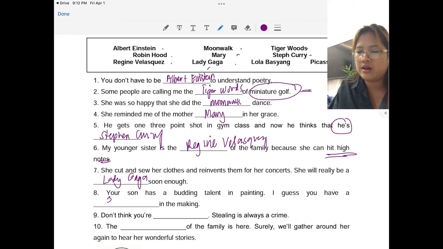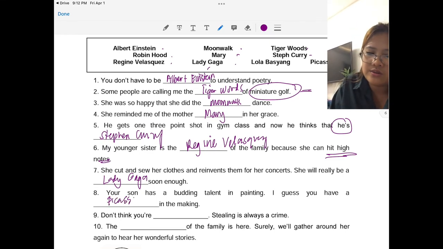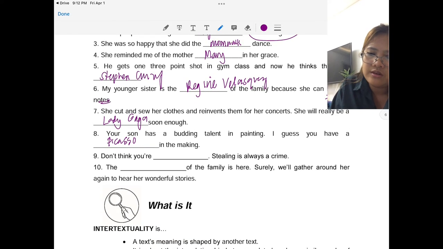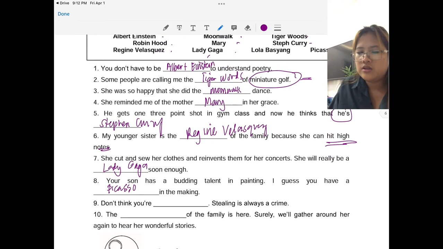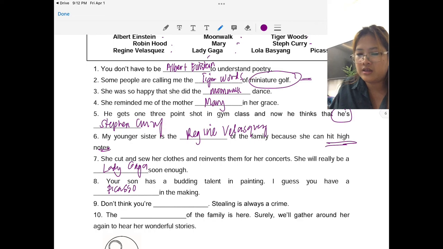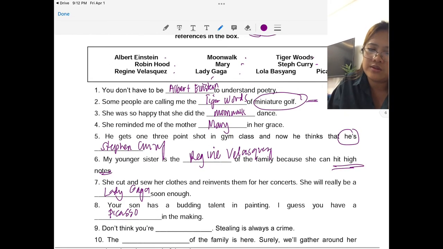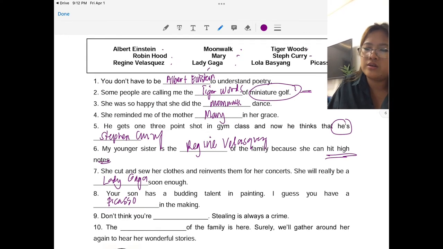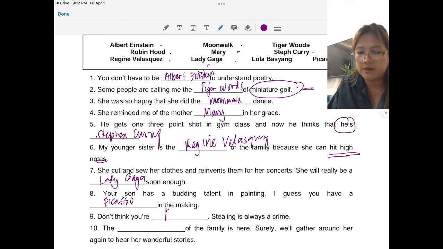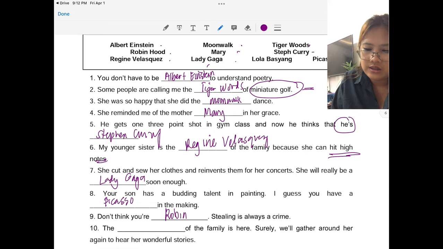I guess you have a Picasso, a Picasso in the making. "Don't think you're blank. Stealing is always a crime." Who among these is known to be a robber? It's Robin Hood.